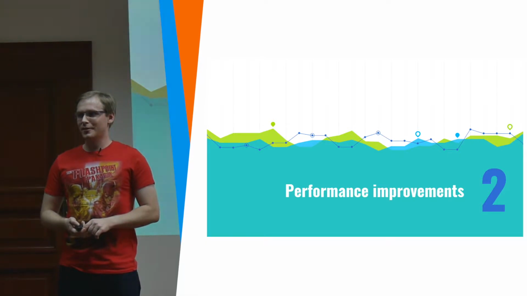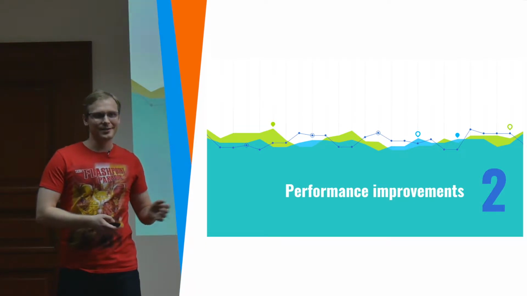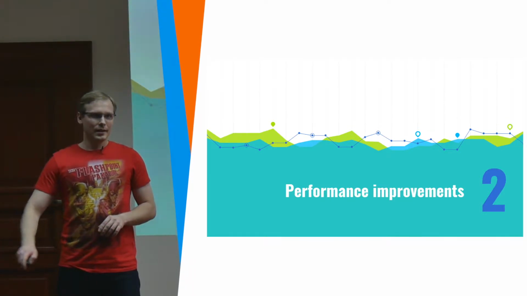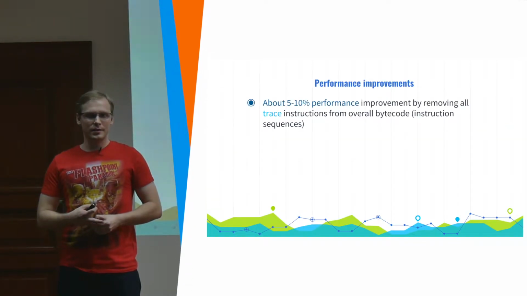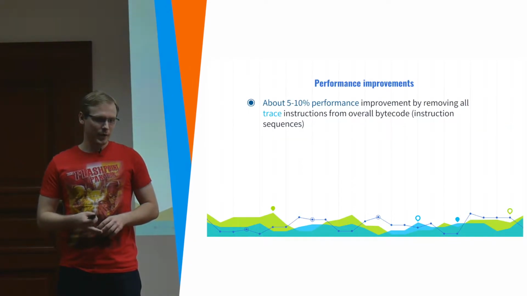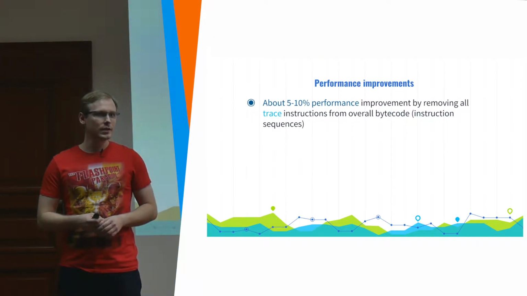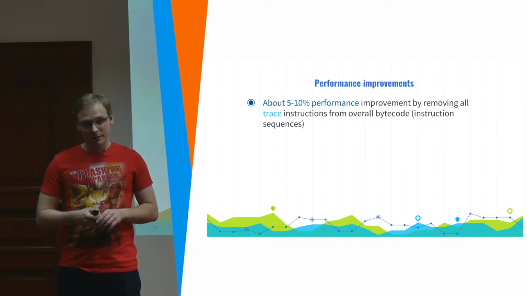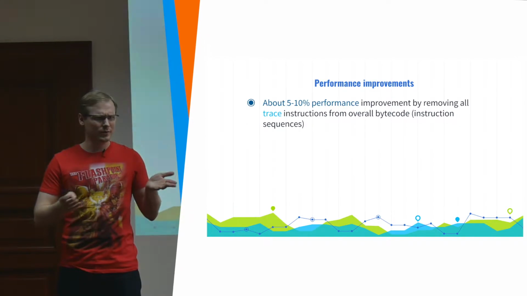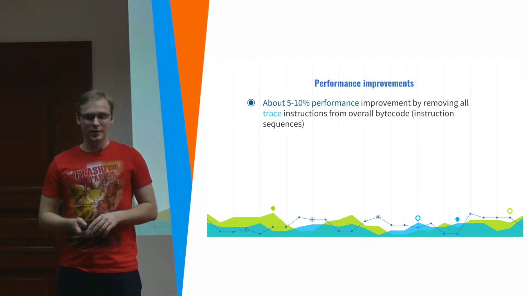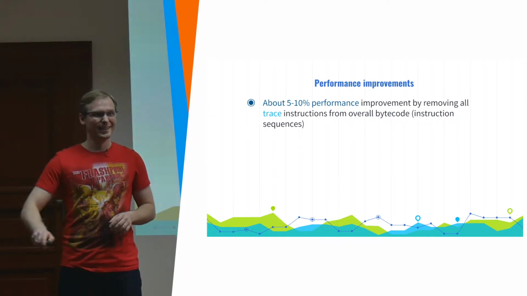Okay, so now let's move to something more interesting: performance improvements. In the documentation, they state that there is a 5 to 10% improvement because of removing trace instructions from the overall bytecode, whatever that means, it's nice.